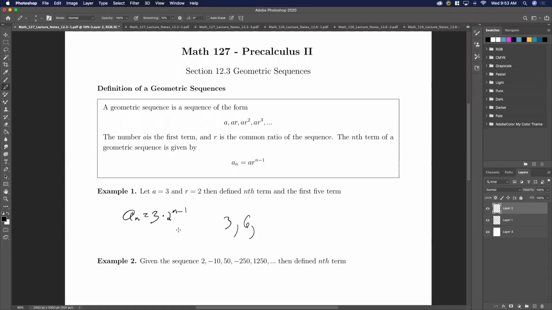My next term would be 3 times 2 squared, or this term times 2. 2 is my common ratio, so this term times 2, so I get 12.